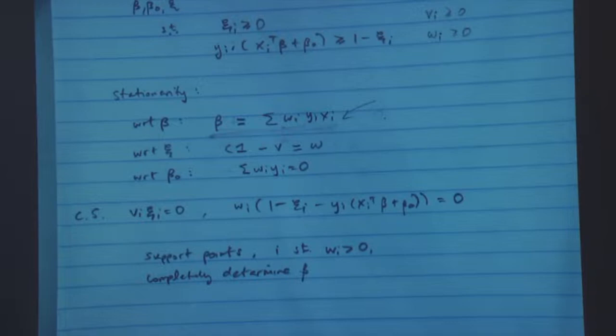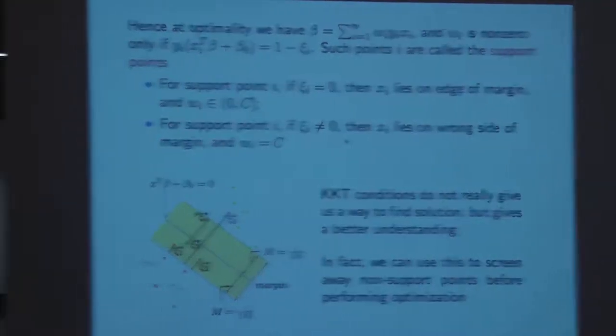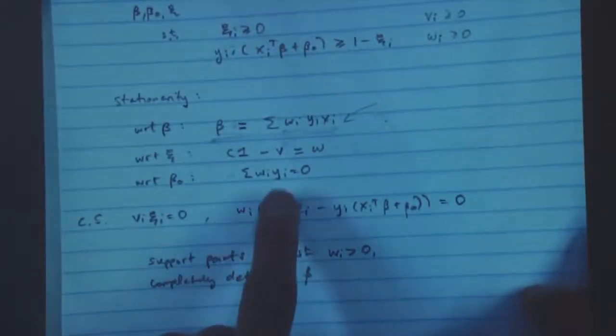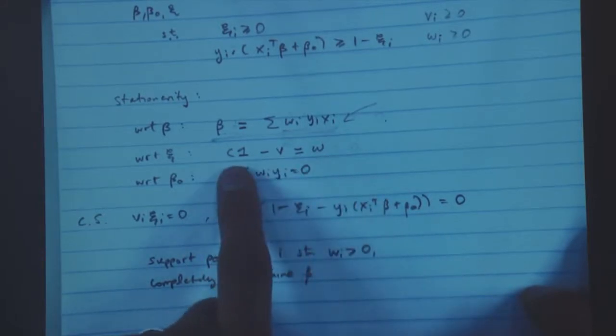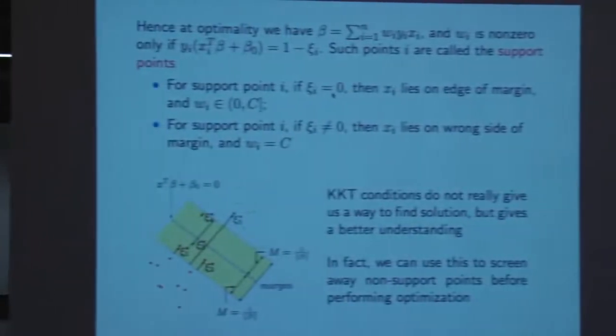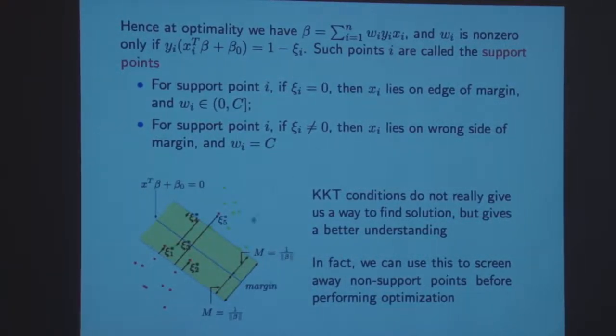If psi_i is not equal to 0 for a support point, then what does that tell us here? It tells us that v_i has to be equal to 0 to satisfy complementary slackness. And now if we go back up to this condition, it tells us that w_i is going to be equal to c. So we've just learned something about the support points, which is that the support points for which psi_i equals 0, which, by the way, the meaning of that is that it lies on the edge of the margin, right? If we go to this picture, for example, these two green points lie on the edge of the margin.